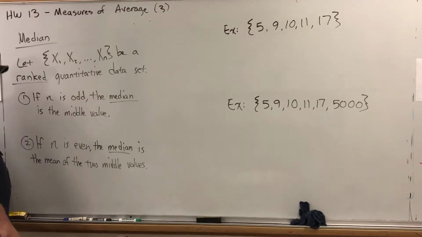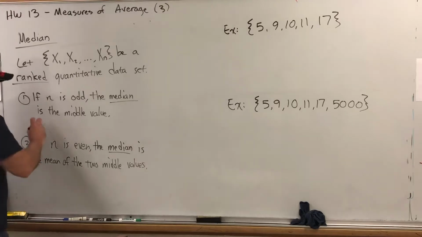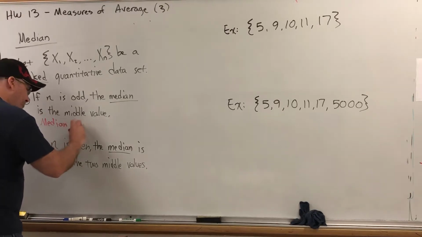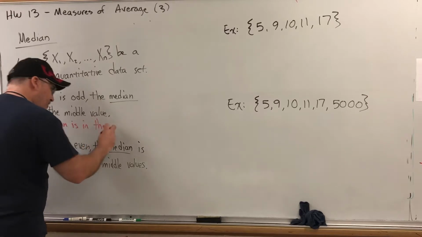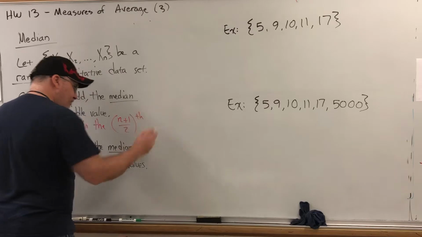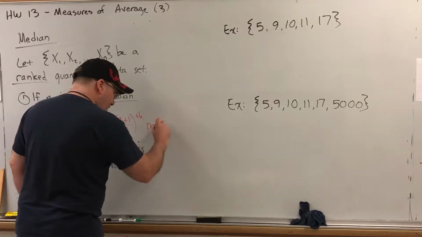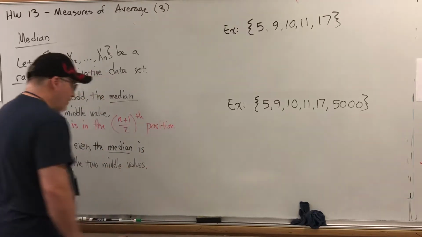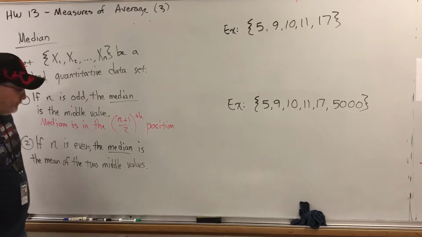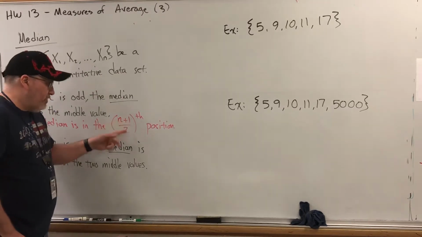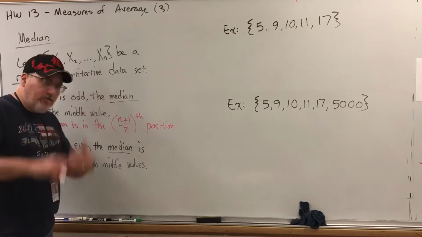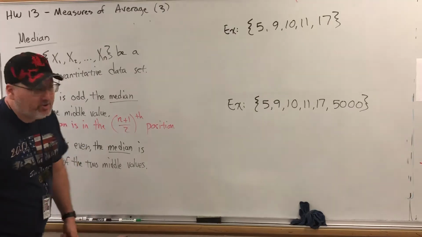If n is an odd number, if you have an odd number of values, then the median is in the (n plus 1) over 2 position. So for example, if we had 11 numbers in the data set, 11 plus 1 divided by 2 is 12 divided by 2, which is 6. The median's in the 6th position.